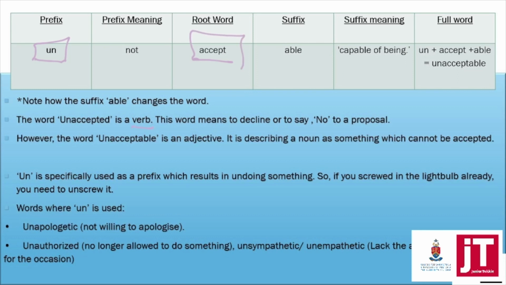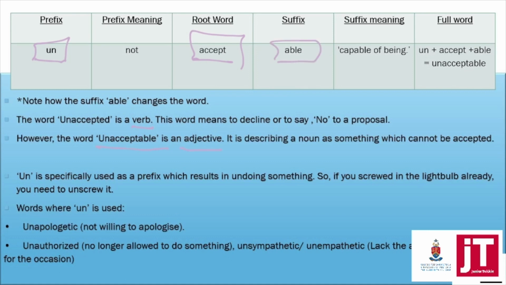I choose to unaccept this offer. I know it doesn't sound like proper English, but it is a word. But basically, it's a doing word. It's something that you do. And then when you add able, when it becomes unacceptable, it becomes an adjective.